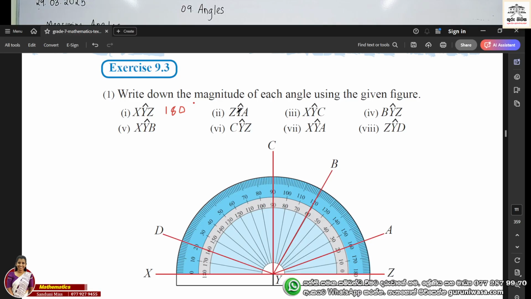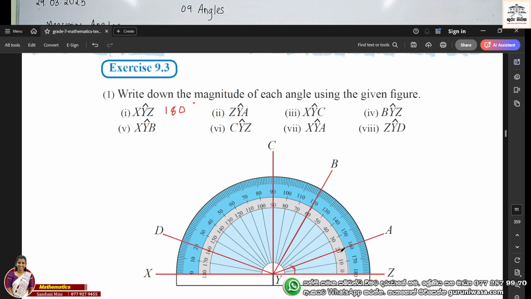Next is ZYA. ZYA is which angle? This angle. So we are going to measure it with the protractor. What is the magnitude? Now the line A is passing through this way. So now tell me, is it 20 or 160? We are starting from here, and 160 is starting from the other side.